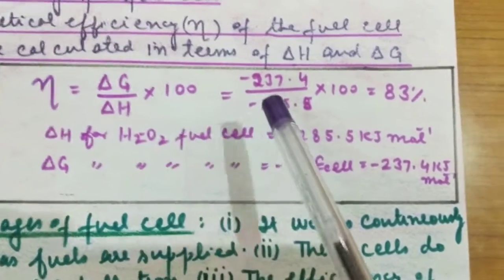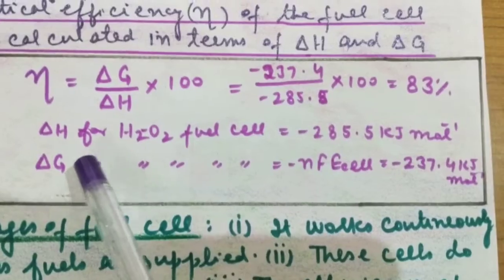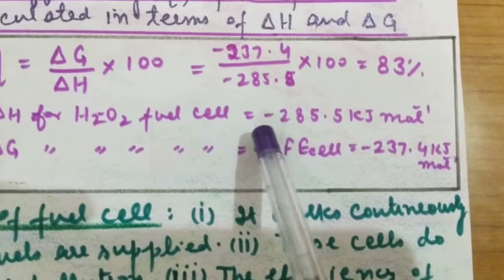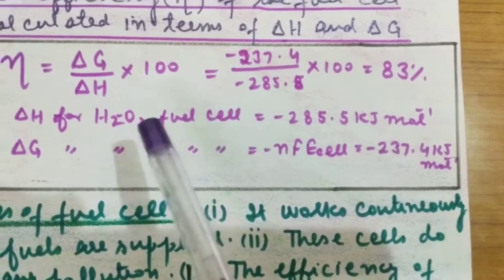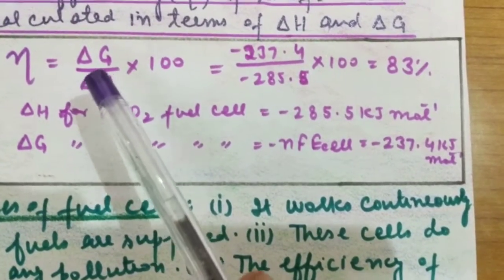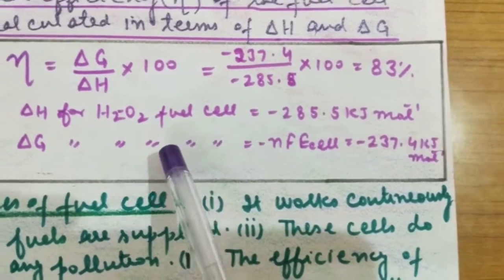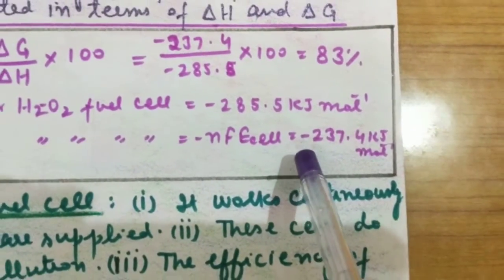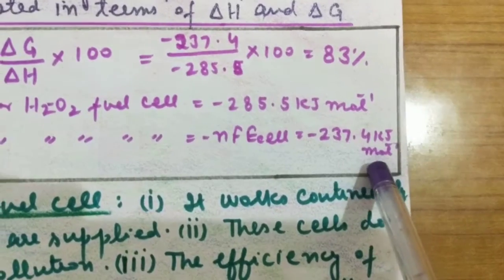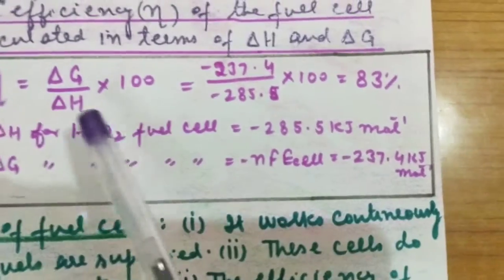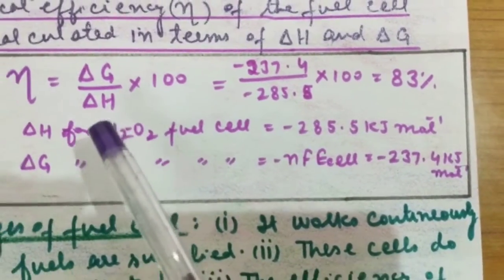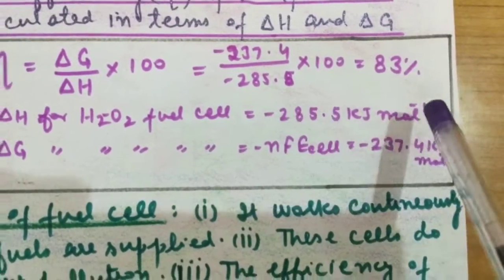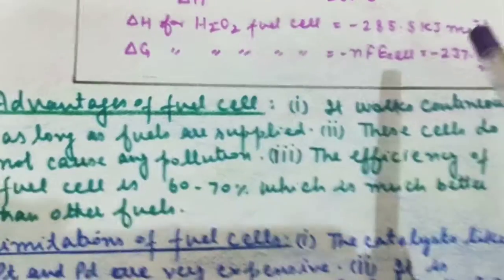For a hydrogen-oxygen fuel cell, the enthalpy change is approximately 286 kilojoules per mole, and delta G, that is the energy change, is approximately 237 kilojoules per mole. Therefore, on calculating the efficiency of the fuel cell, it comes out to be approximately 83%.